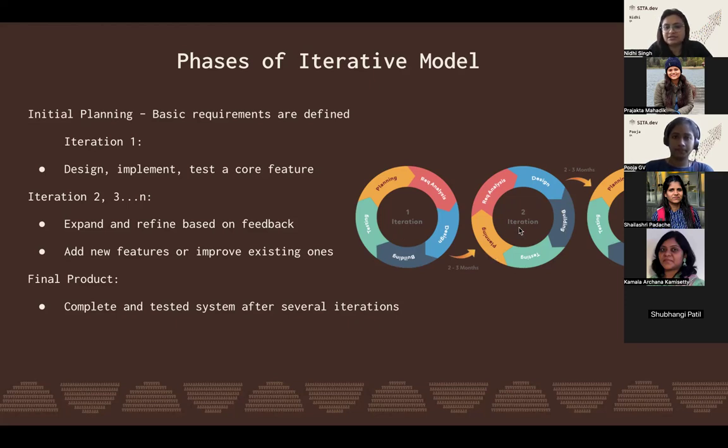That feature is added, and it goes to the customer again for review. Based on the feedback, the third iteration is done. Similarly, iterations are repeated n number of times until we get the required product according to the user requirement.